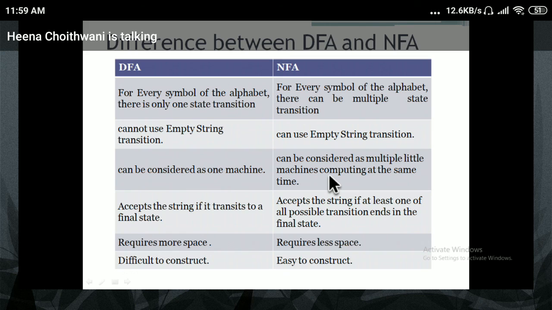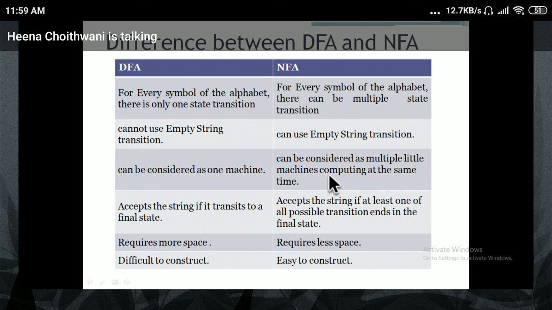Accept the strings if at least one of all possible transitions ends in the final state. So एक बार भी आपका string ने final state को pass किया, then your string will be accepted. Okay.